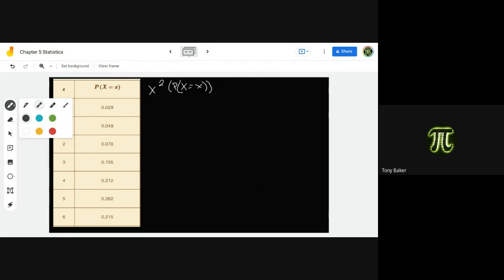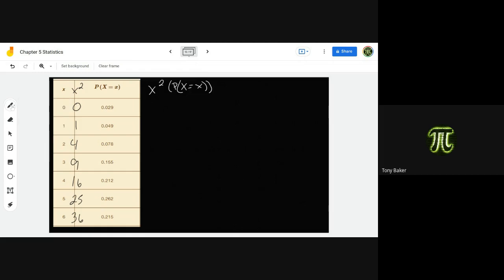So x squared: that's 0, 1, 4, 9, 16, 25, and 36. Just multiply the number by itself. I wouldn't go through and say, okay, now I'm going to do 0 squared times this number, 1 squared. Just do the squares pretty quickly. Those are something you can do pretty quick.